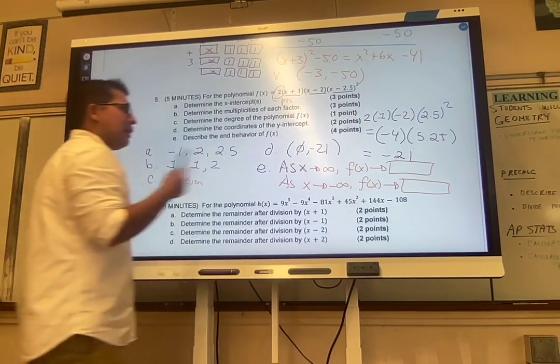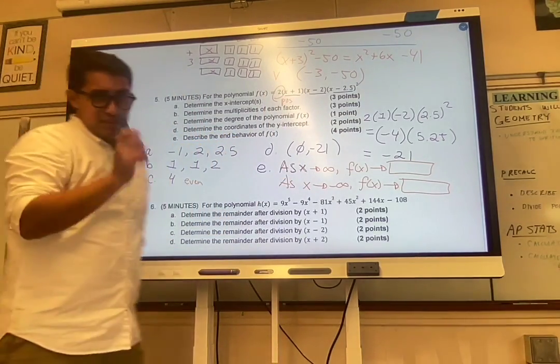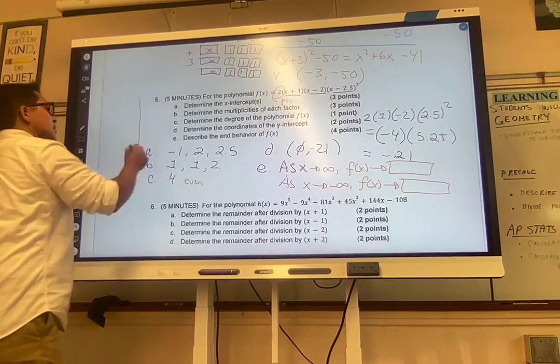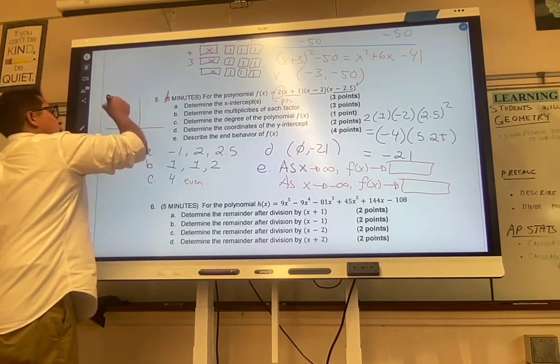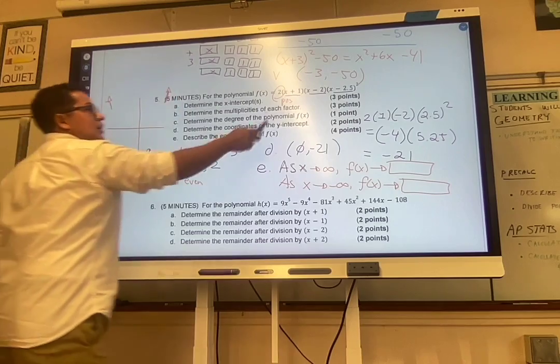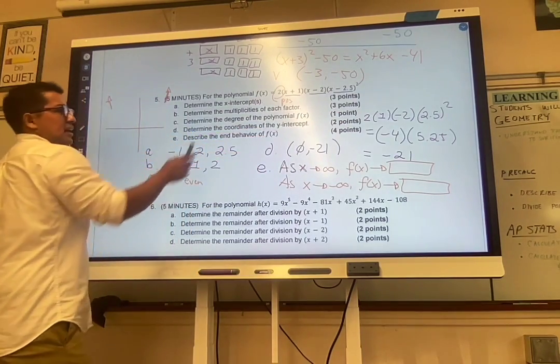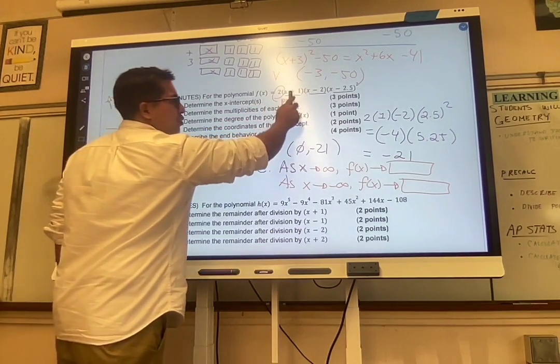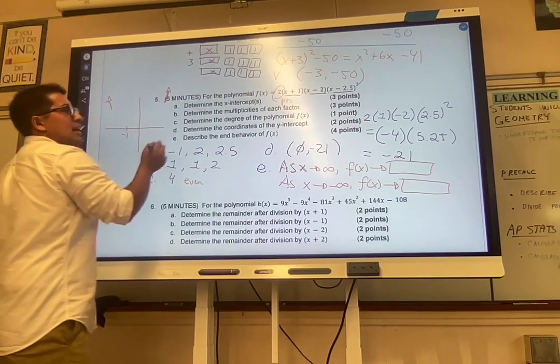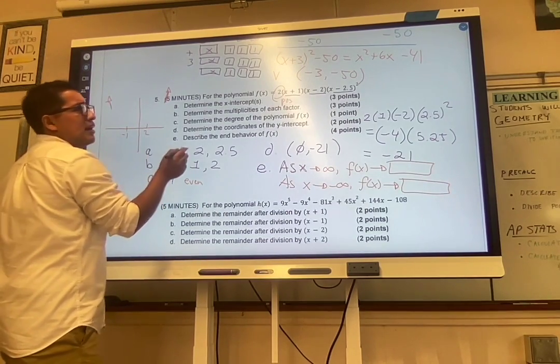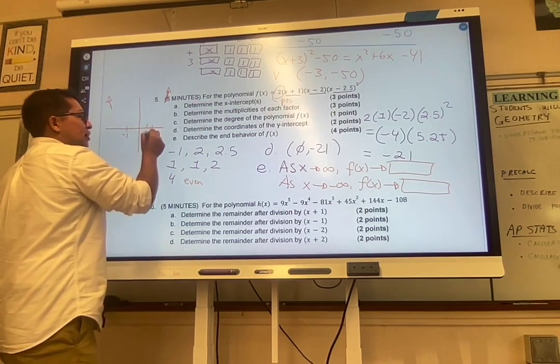Okay? So thinking back to our notes, when it's positive and even, the end behavior we know is both going to go up. This polynomial goes through -1, it goes through 2, it bounces off of 2.5, right?